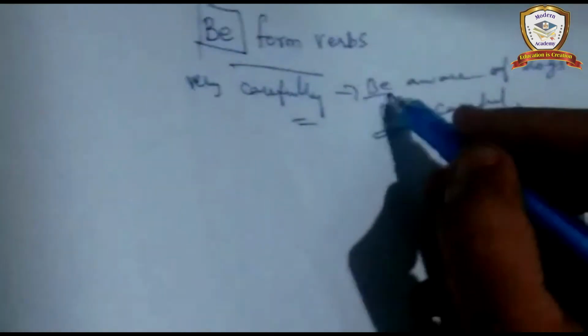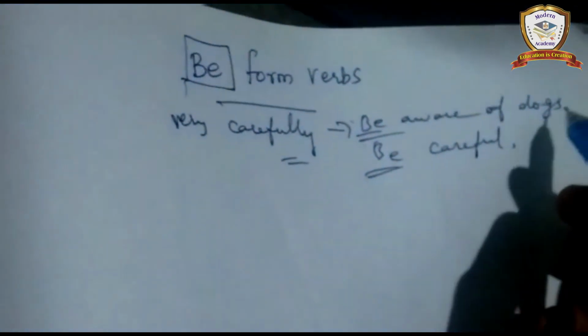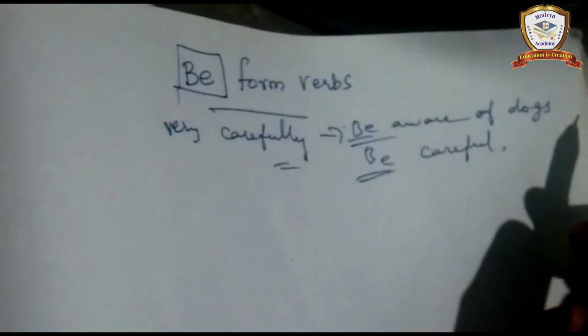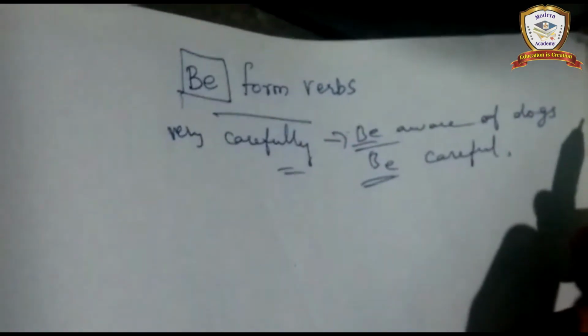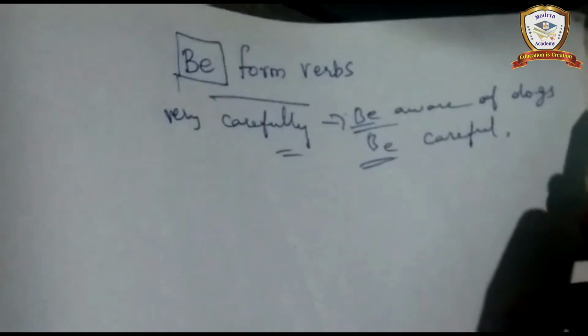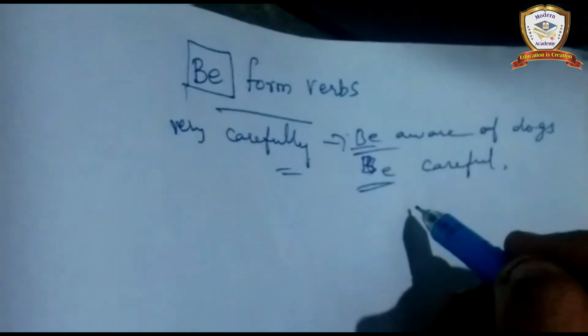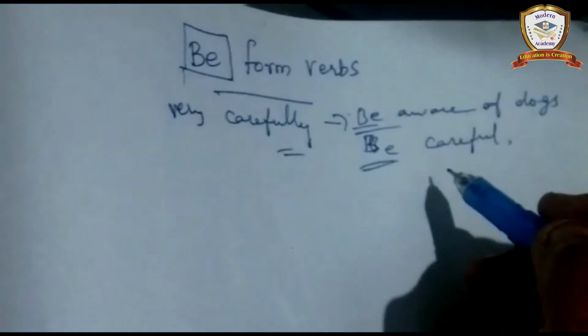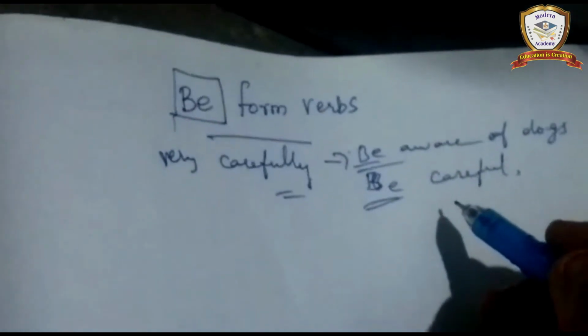So like that, they use B words. So what does that mean? It should be used very carefully. In a sentence the B word is used very carefully. So that is called the B form verb.